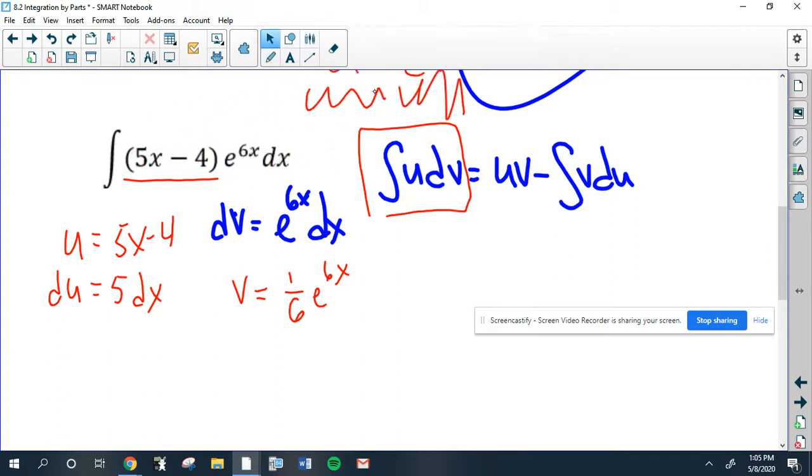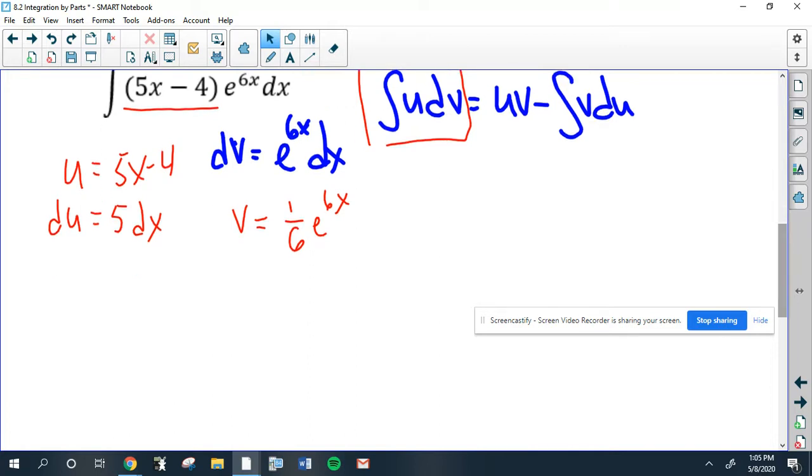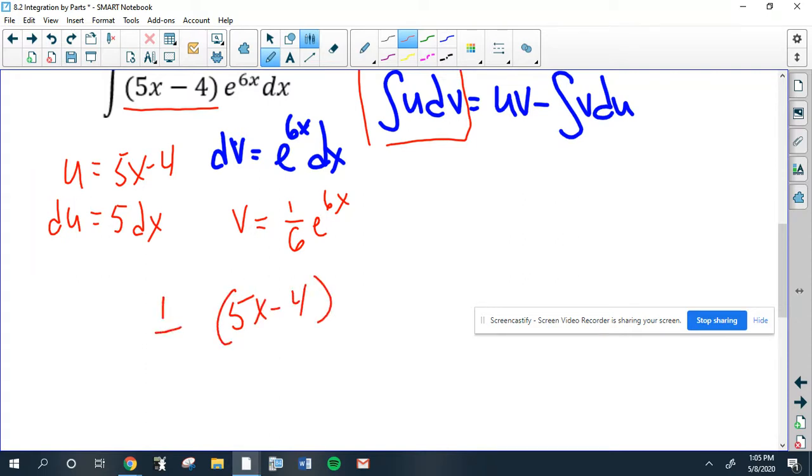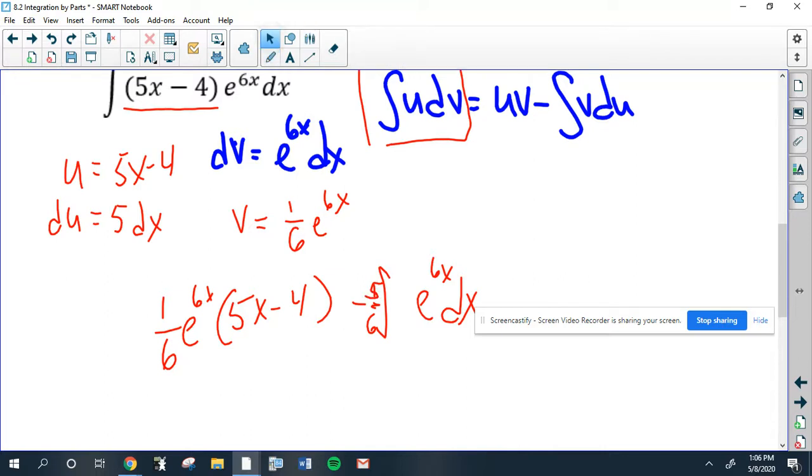Our answer is going to be uv minus the integral of v times du, which is 5 dx. Again, I'm going to put my constant out here. So that's a 5/6 right there.